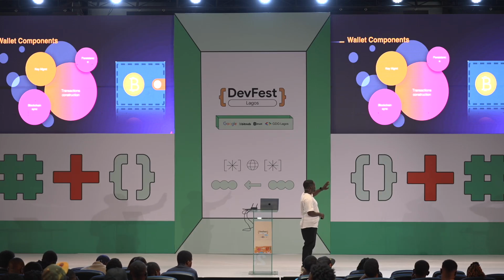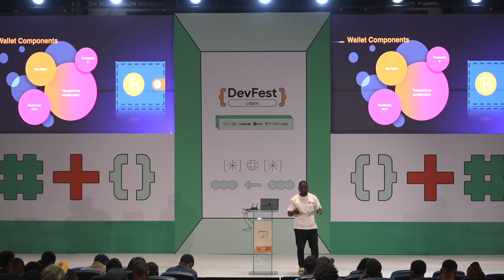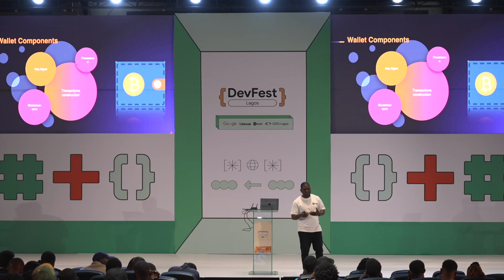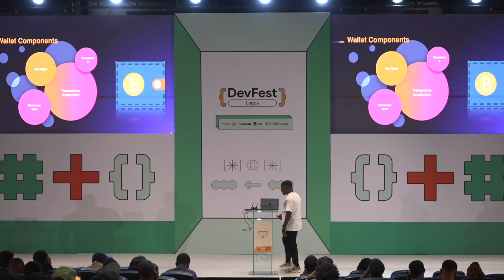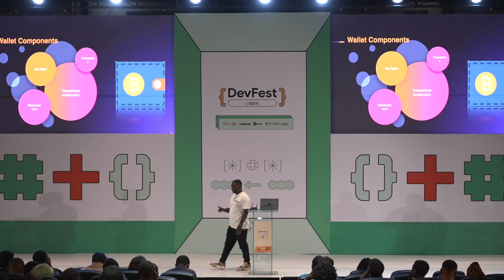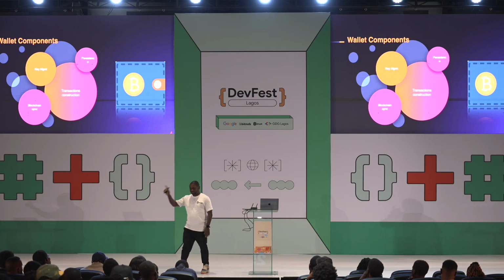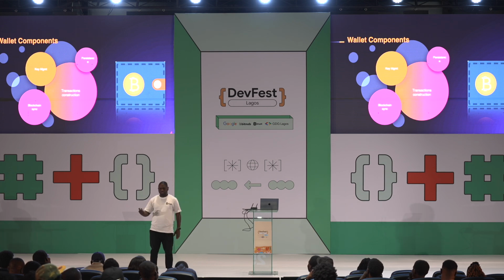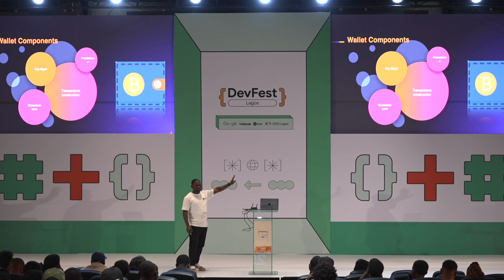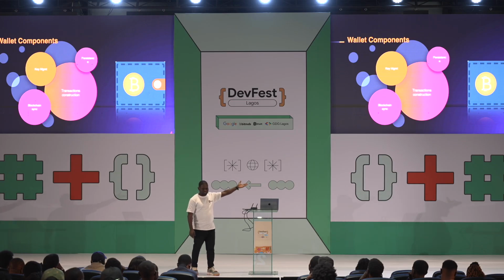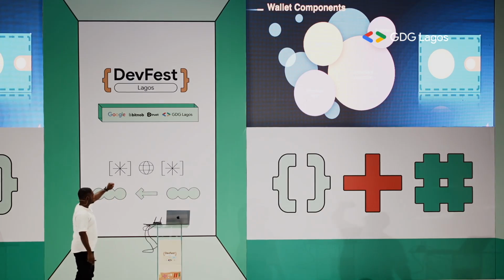Then you also have where you save the data. Let's say anytime you need data about the transactions your wallet has performed, you are not going to go to the internet. You are not going to make a round trip to the blockchain to get that data. So you want to find a strategy to save it in storage. We call that persistence.